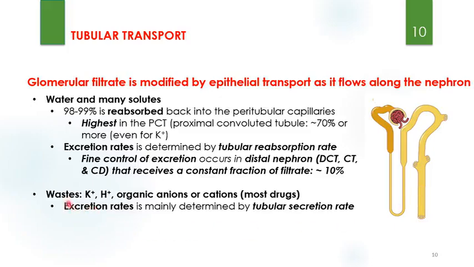For waste substances such as potassium, hydrogen ion, and organic anions and cations, including most drugs, excretion rate is mainly determined by tubular secretion rate for them through the tubules of the nephron.